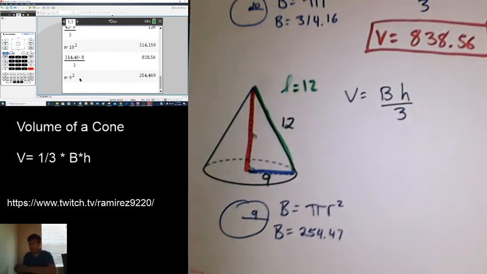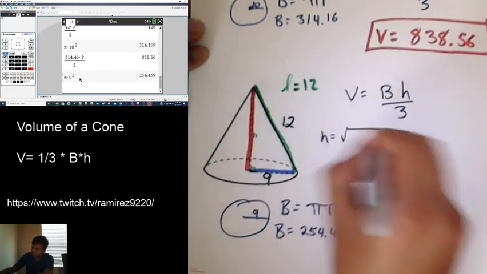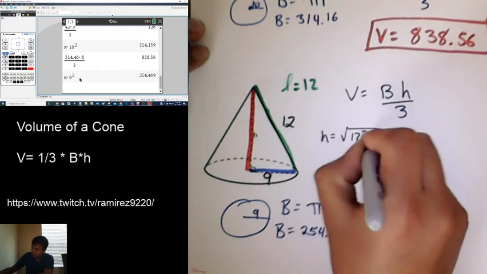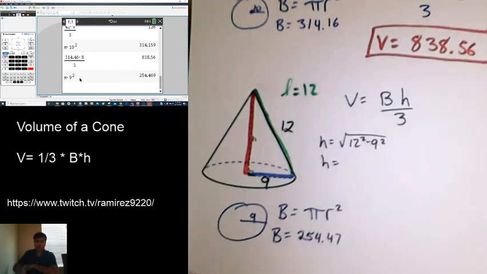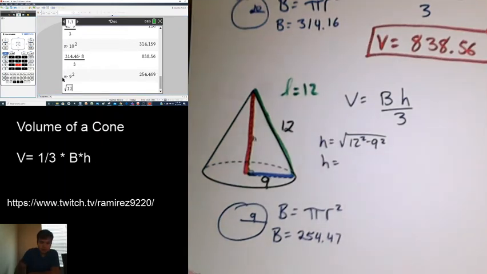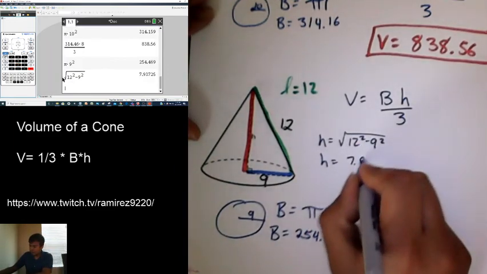I'm going to do the Pythagorean theorem to get h: 12 squared minus 9 squared. So I get that my height is 7.9.